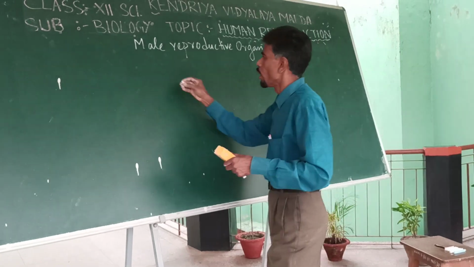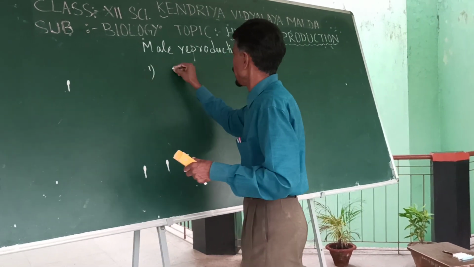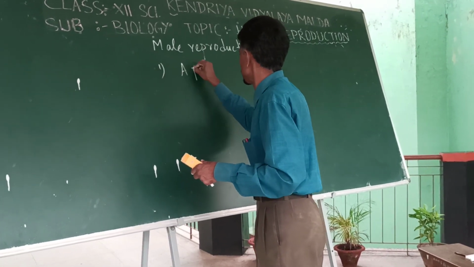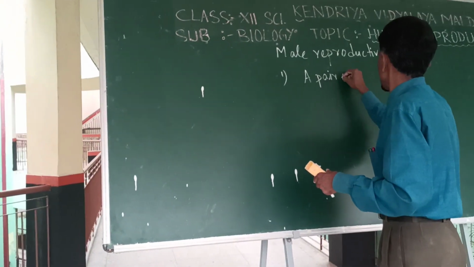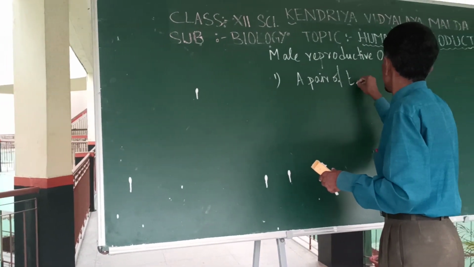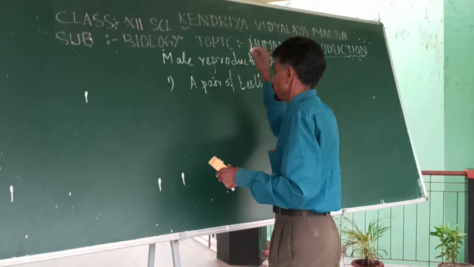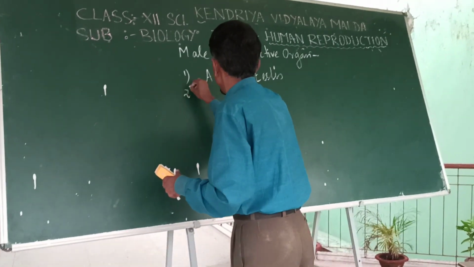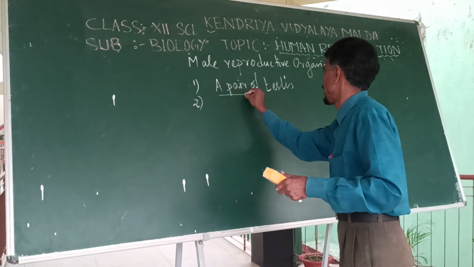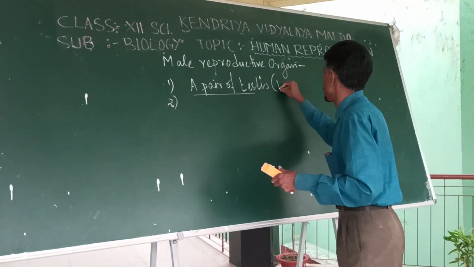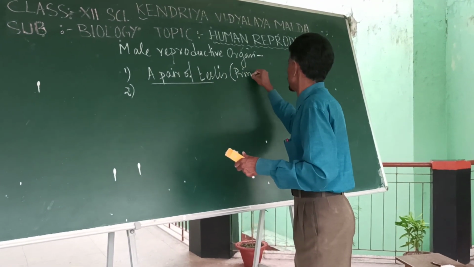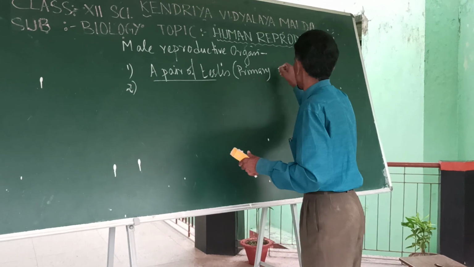It consists of, number one, a pair of testis, otherwise called primary reproductive organ.